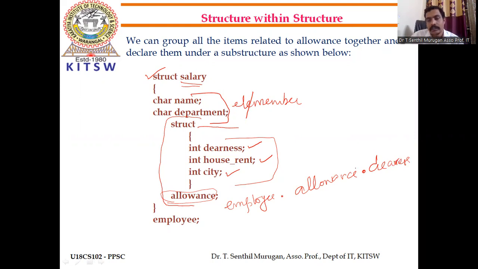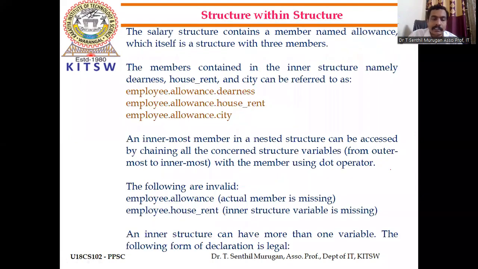This is the method to access the structure variable. A structure within a structure is considered a nested structure. We use two dots for accessing the members of the inner structure, while the outer structure members can be accessed directly. Now, the following is invalid. How is it invalid?